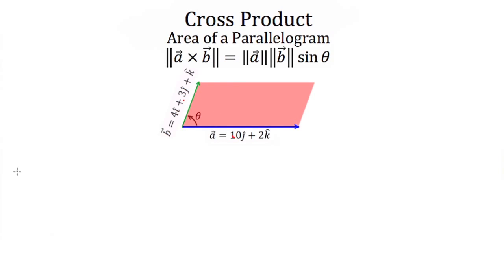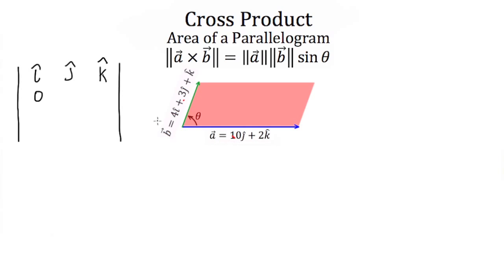Now for the cross product of my two vectors, I have to build my matrix. The top row is i, j, and k. I'm crossing A with B. So the amount A moves in the x direction, well, there is no i hat here, so that's 0.